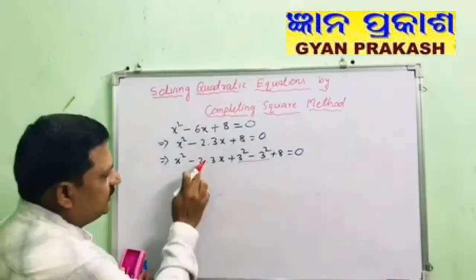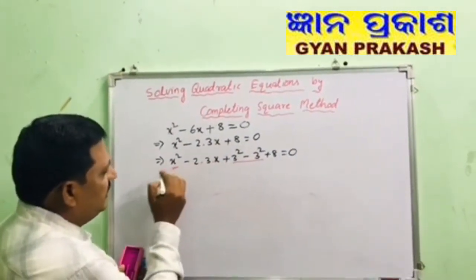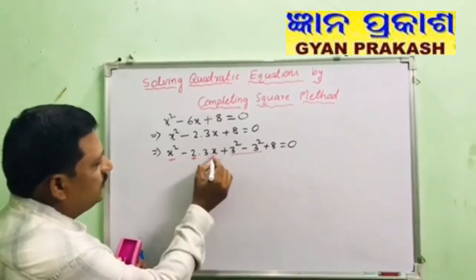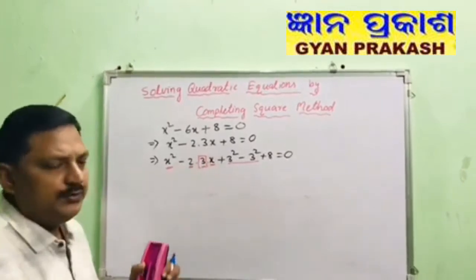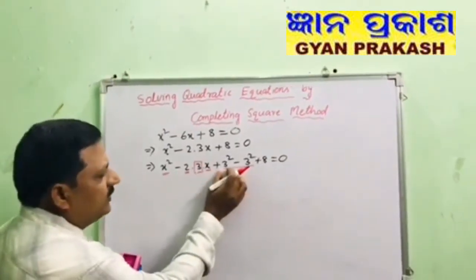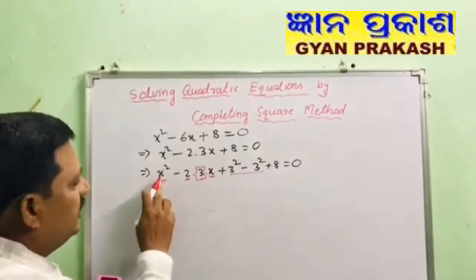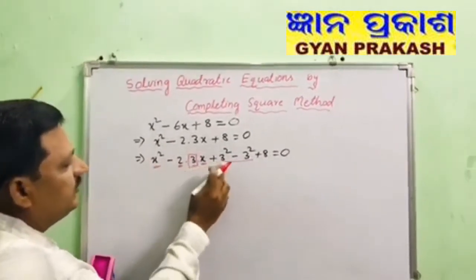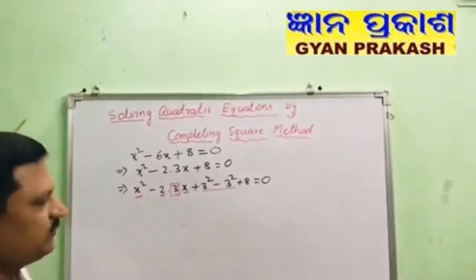If we think of it as 2ab here, suppose this part is a, then we have 2ab. So we have to add the square of this part and subtract the same thing, so that we shall get a square minus 2ab plus b square. That is why we are adding and subtracting this square.